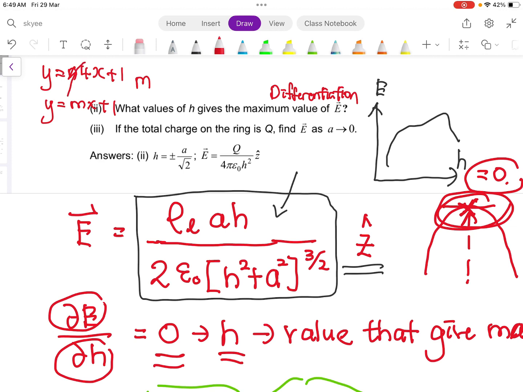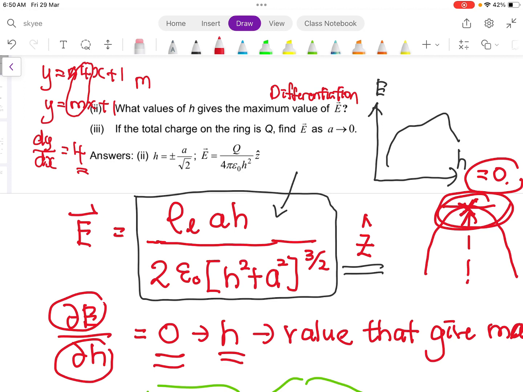So the m, which is the slope, equals 4. You can get this value by performing dy dx, differentiation with respect to x, and you get 4. So this 4 tells you the slope of the line.